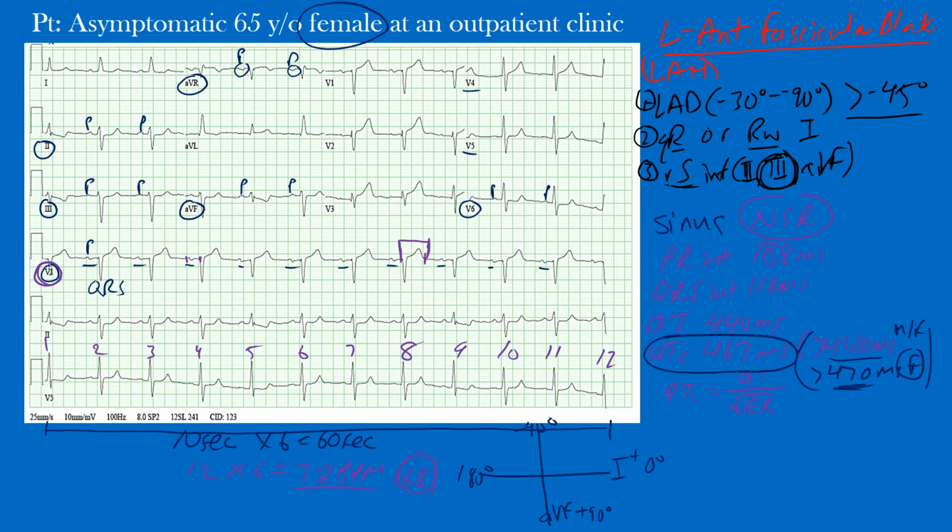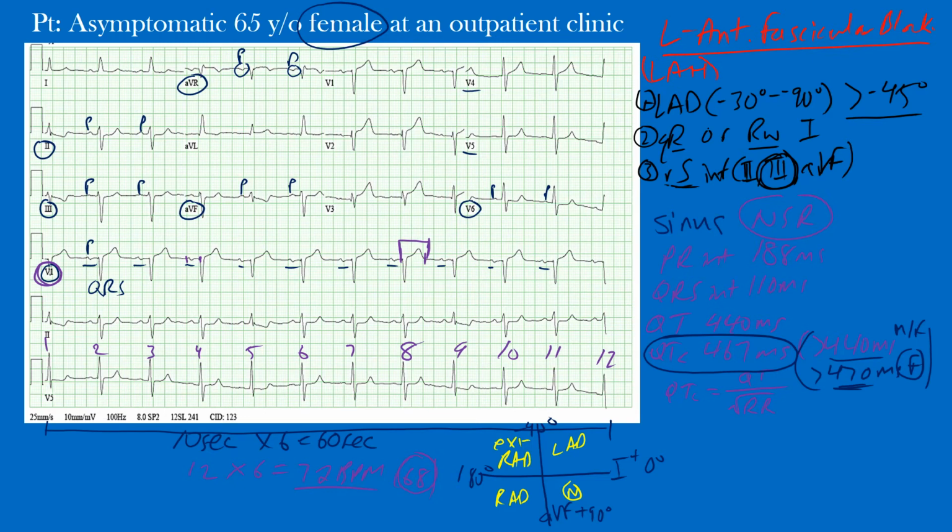Now we know that our normal axis lies in this quadrant. This over here is considered the right axis deviation. This is left axis deviation. And then here is extreme right axis deviation, sometimes referred to as no man's land.